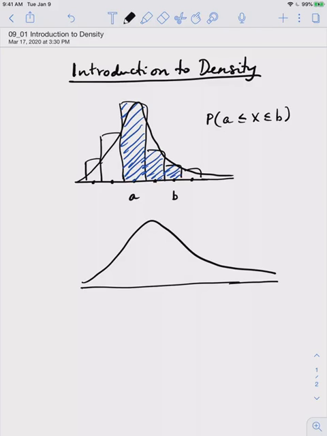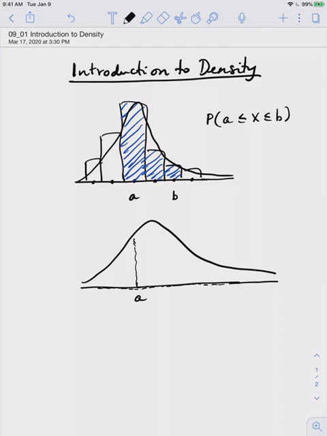If the total area under the curve is 100%, then it's natural to think of it as a probability distribution where now the possible values are not a finite set, but they are all the possible numbers on the number line, or all the possible numbers in some interval. And probabilities, by analogy, we can try to represent by areas under the curve.